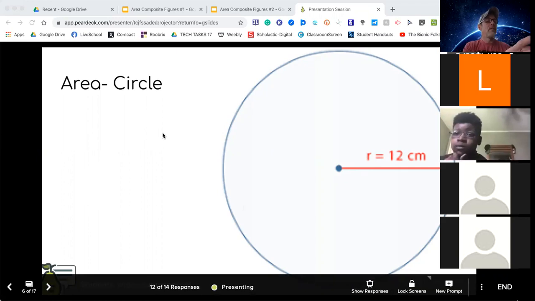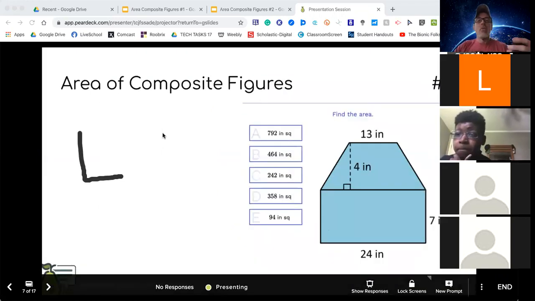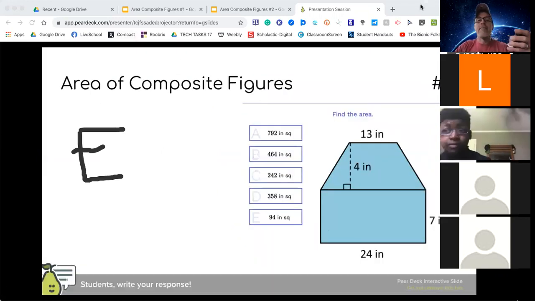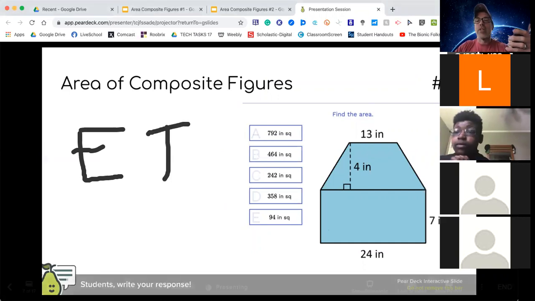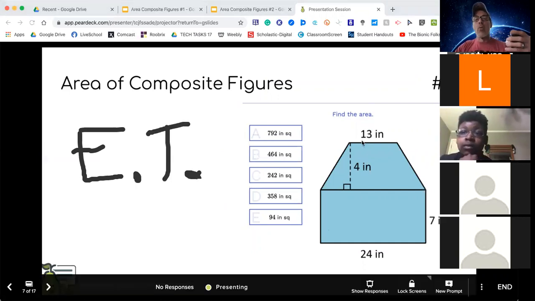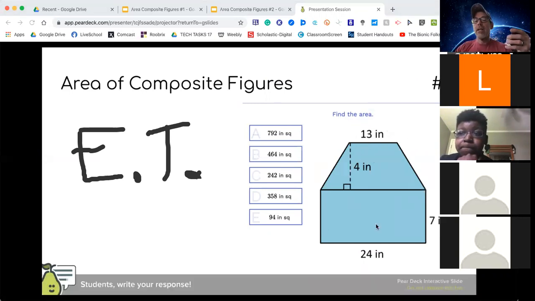All right, next. We did this one on Friday. So this one, I'm just going to walk us through it really quickly. On here, I would need 13, and I need this 24 down here, correct? Then I would add those together, and when I add them together, I get 37.